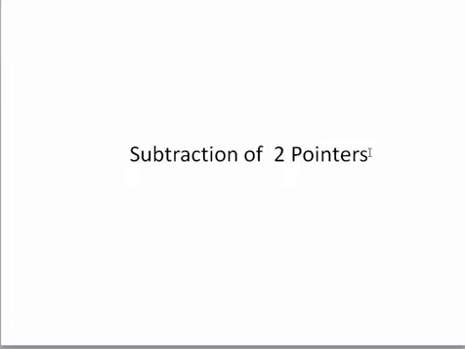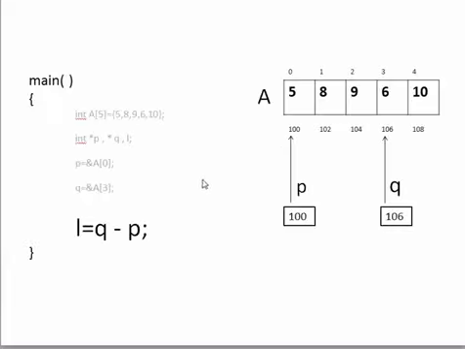Next operation is subtracting 2 pointers. P and Q are pointing at 2 different locations, that is 100 and 106. If we subtract them, this will be 106 minus 100, which gives 6. This 6 doesn't make any sense by itself. It means these are 6 bytes away, but the integer size is 2 bytes.